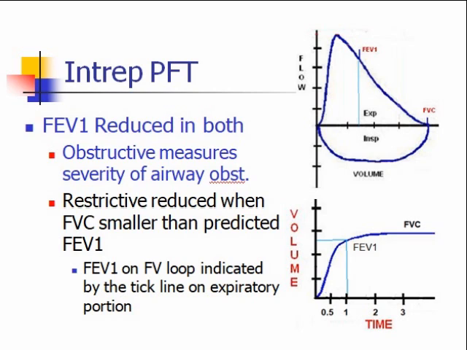Now, we can see the FEV1 in two places, on the volume time curve, but also on the loop. The computerized loop will show us a little tick mark going up, which is the point of the loop where the FEV1 is. And so that gives us a good indication of how the patient is doing when you look at the loop as well.